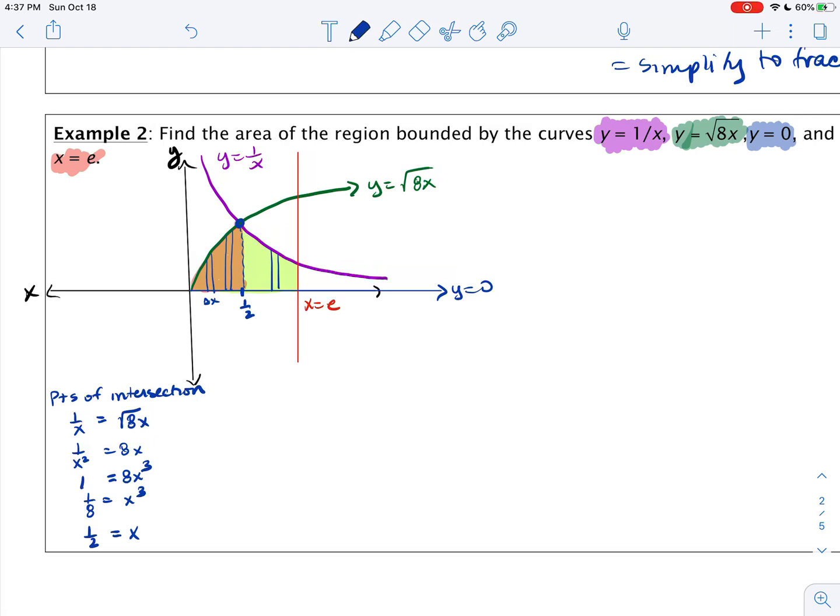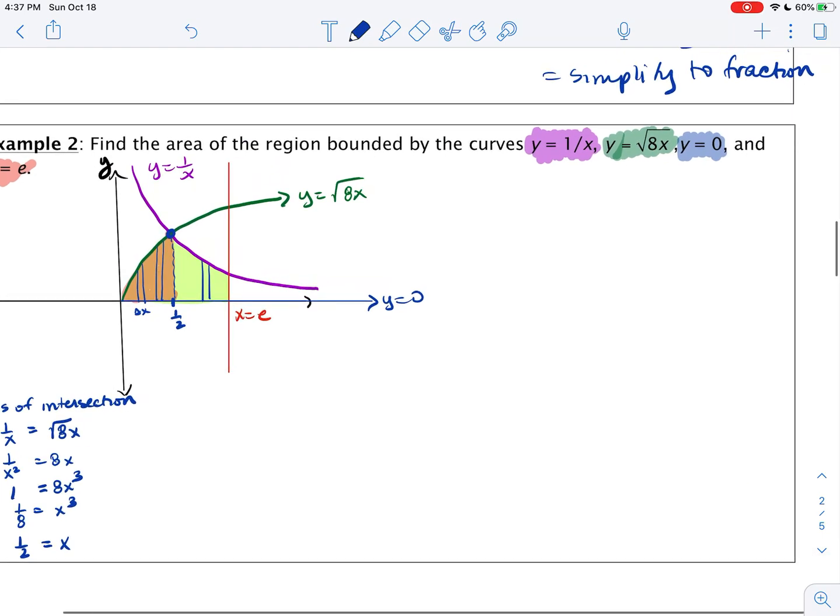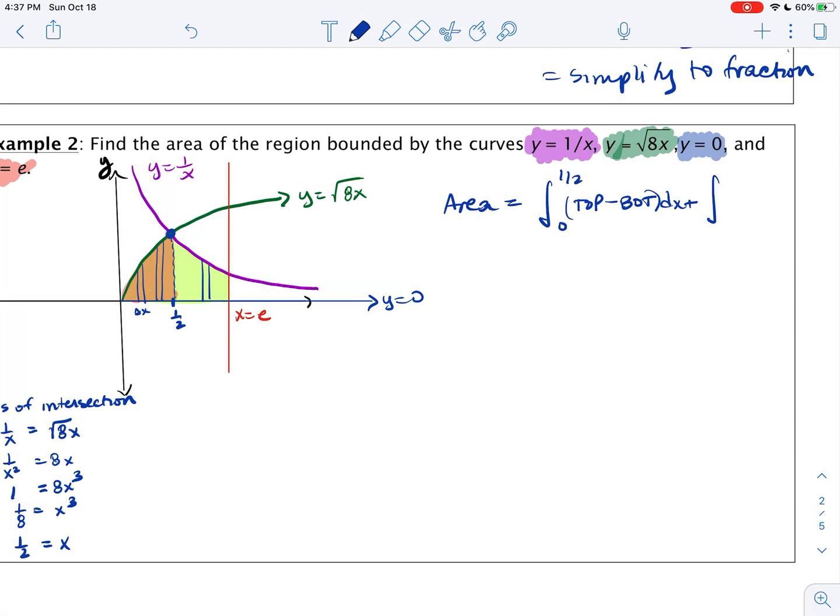And I can formulate my area. It is going to be the integral from 0 to 1/2 of top minus bottom plus the integral from 1/2 to e of top minus bottom.